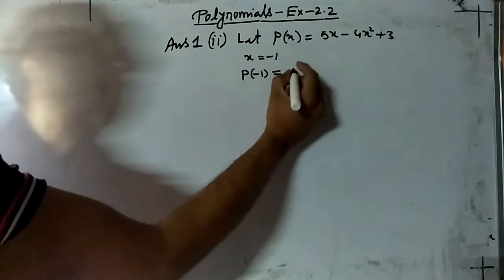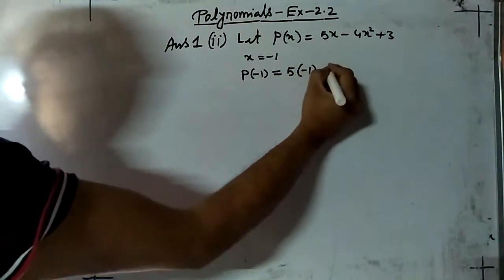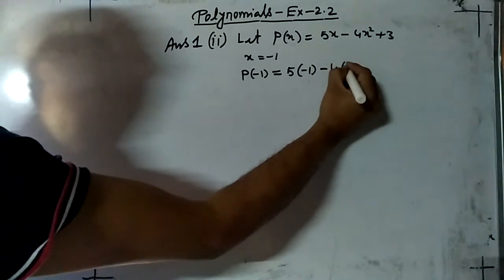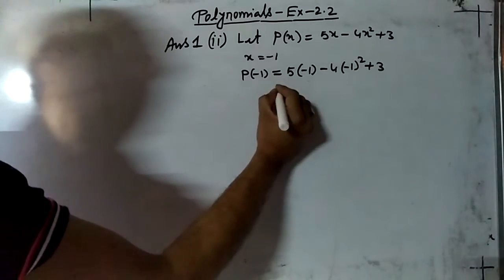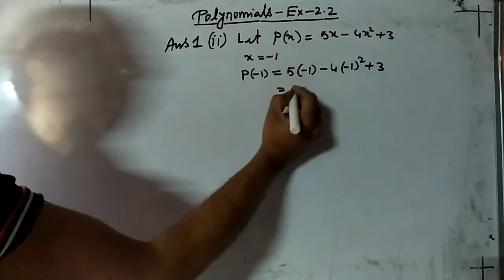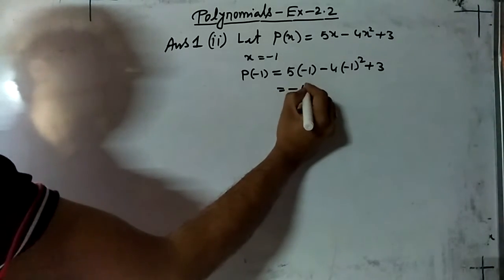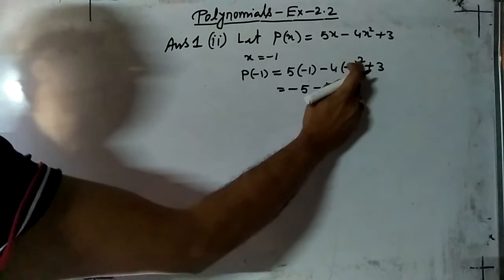If we put minus 1 here, then we'll get 5 into minus 1 minus 4 into minus 1 square plus 3. Right? Now 5 into minus 1, if you multiply 5 and minus 1, you will get minus 5, minus 4 into (minus 1) whole square.